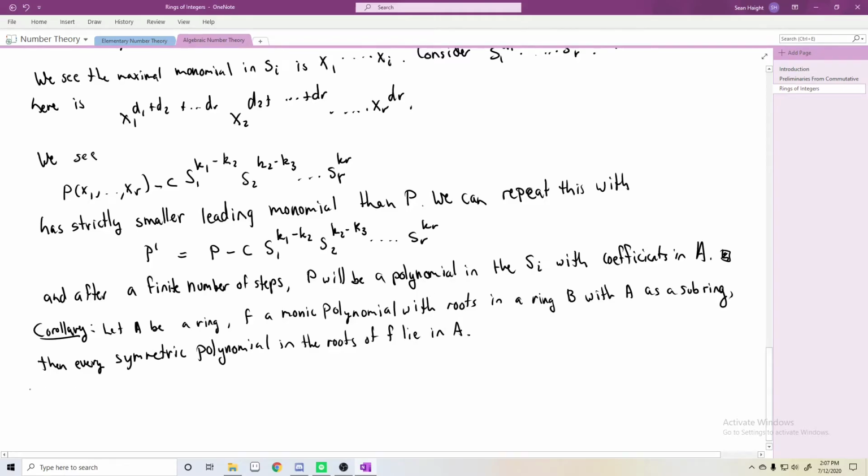Okay, so the proof is essentially the elementary symmetric polynomials are the coefficients of f.